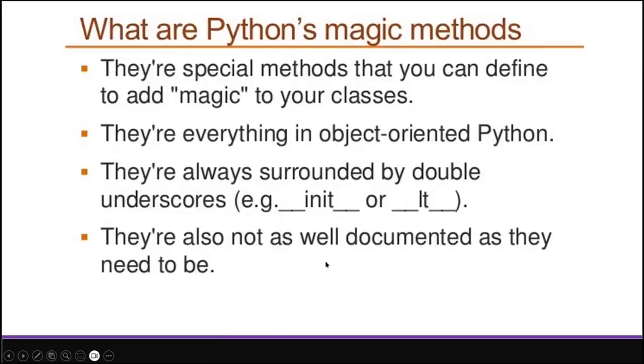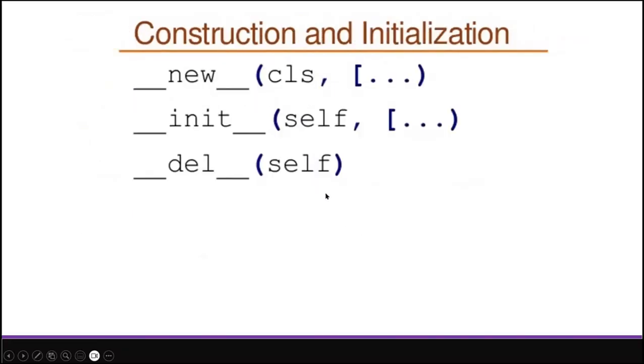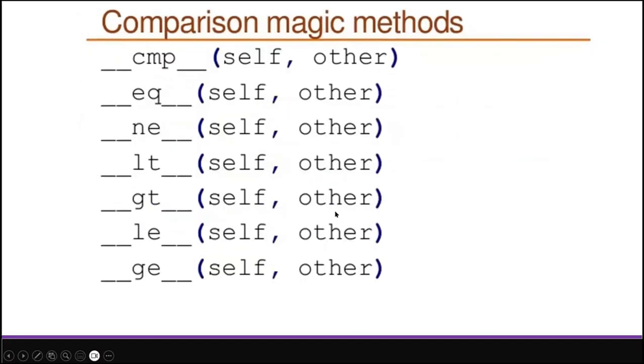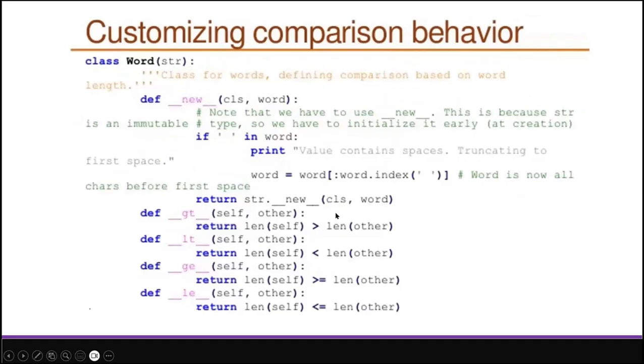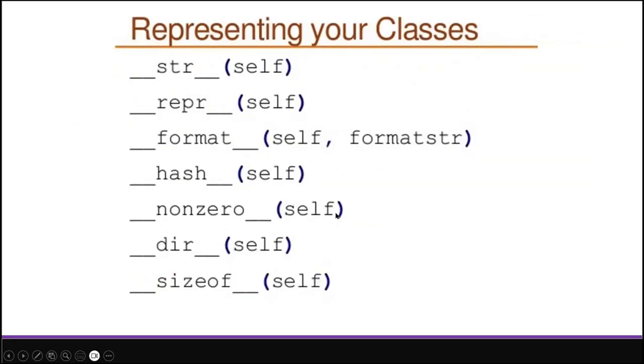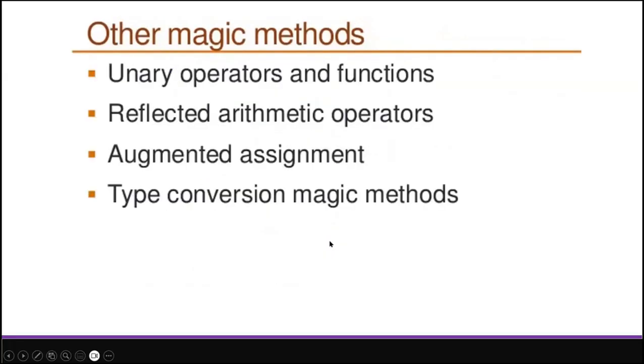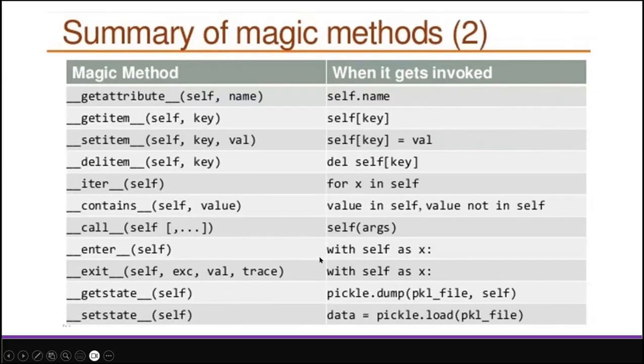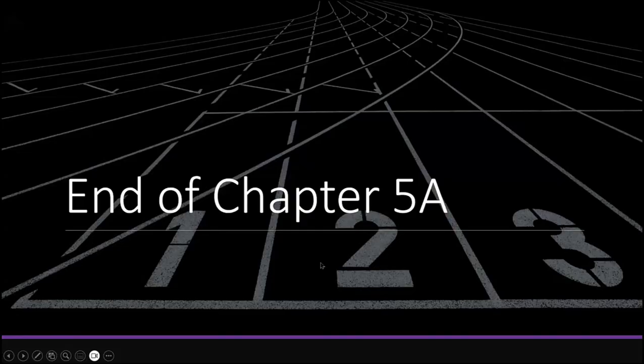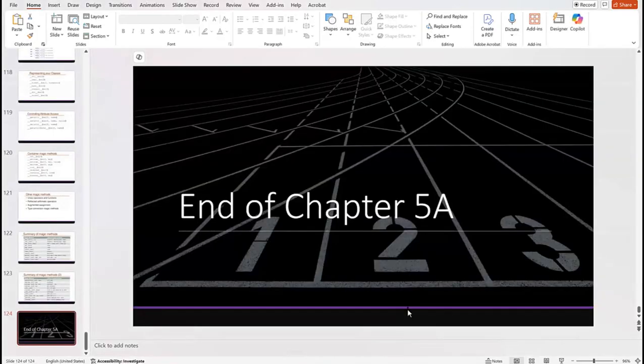Magic functions are similar to double underscore functions. These are different magic functions; I don't go into the detail. So here we briefly went over object-oriented programming.